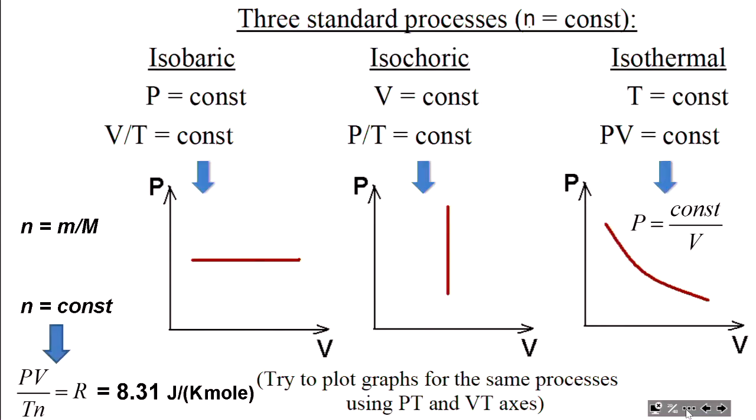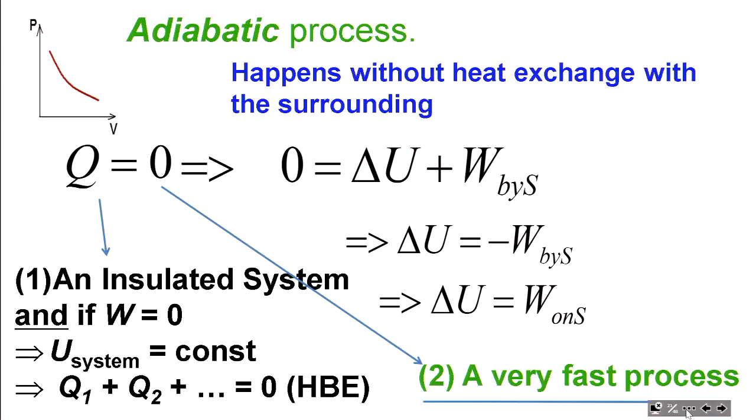Well, so these are the commonly known processes: constant pressure, constant volume, constant temperature. However, there is one more important process. We call it the adiabatic process. By definition, this is a process which happens without heat exchange with the surroundings. How can it happen? Well, option number one, we can insulate the system from the surroundings, so the heat exchange only happens inside.